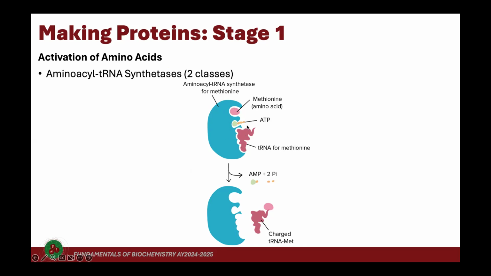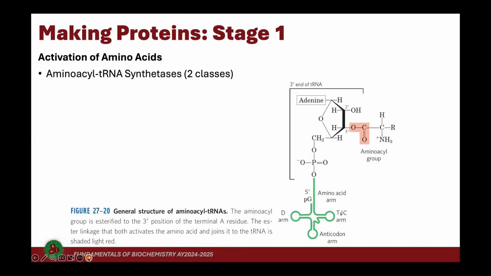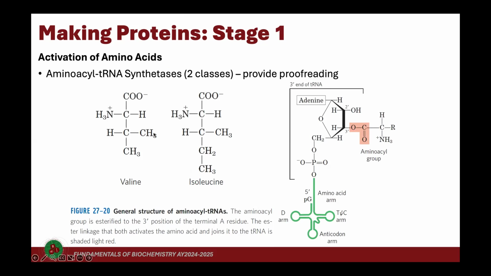Then you pass on the amino acid from the aminoacyl-AMP. Now, the proofreading happens because there is a different active site for hydrolysis in case a wrong amino acid is attached to the tRNA. Case in point would be valine and isoleucine. Valine and isoleucine are very similar in structure.